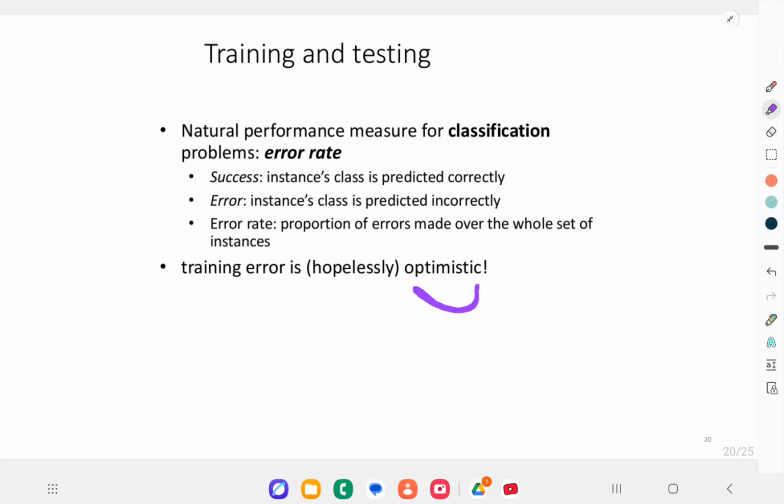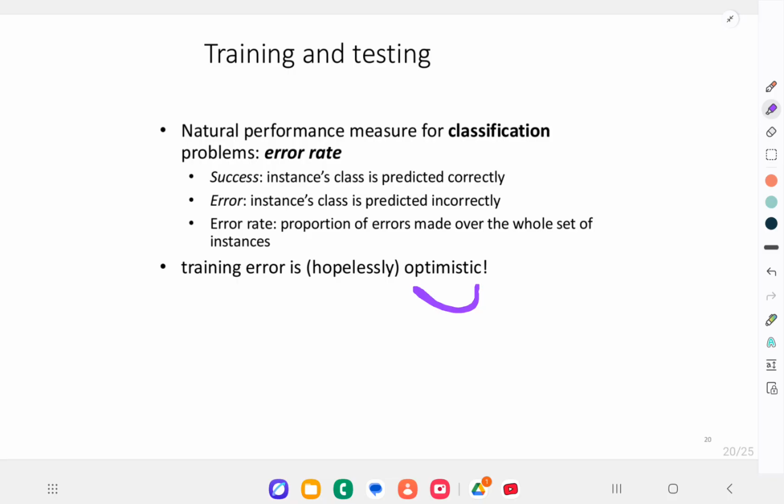This is because it has already seen those instances and may have simply memorized them. That's why we say that the training error is optimistic. It tells us how well the model performs on known data, not how well it will do on new, unseen data. And that's what we truly care about. We call this generalization.